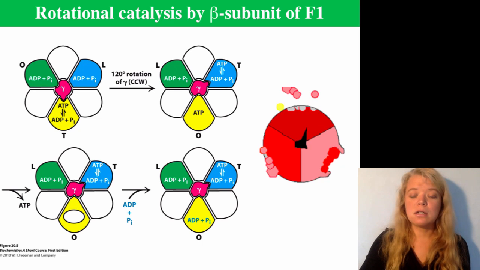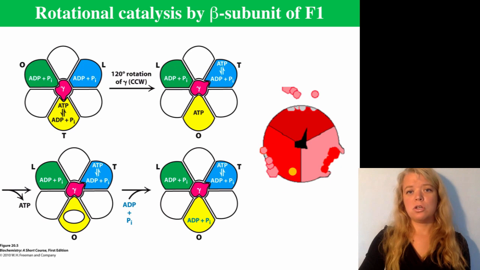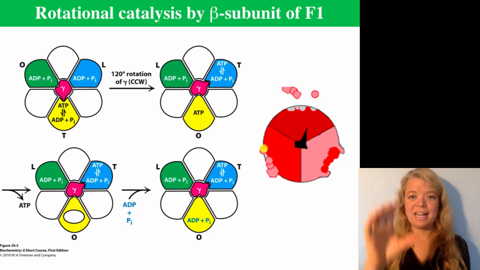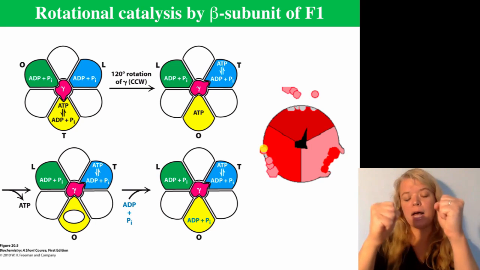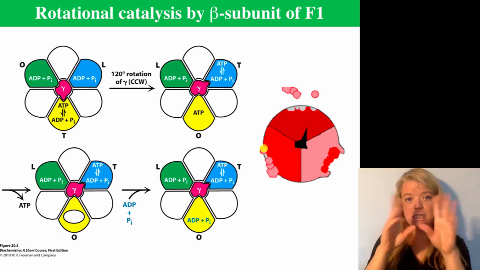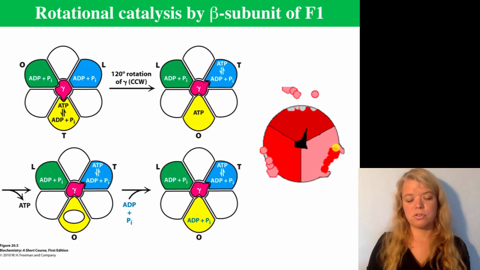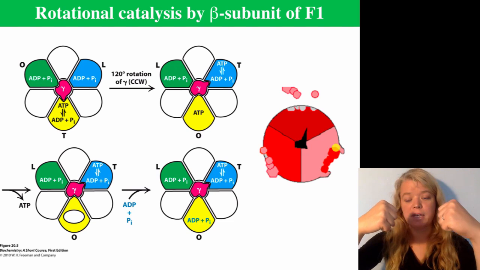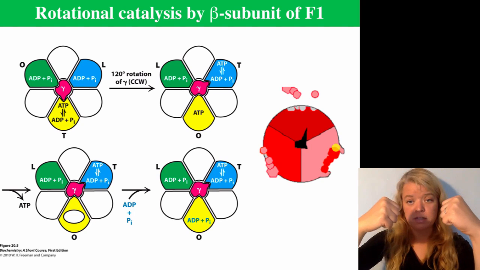So you can see here that in this image, you have the open conformation where molecules can come in and out. ATP can leave, ADP and phosphate can come in. This is the loose conformation, where now the ADP and phosphate are held by the active site and can't leave. And this is the tight conformation of the enzyme, where the ADP has been shoved against the third phosphate and has formed ATP.